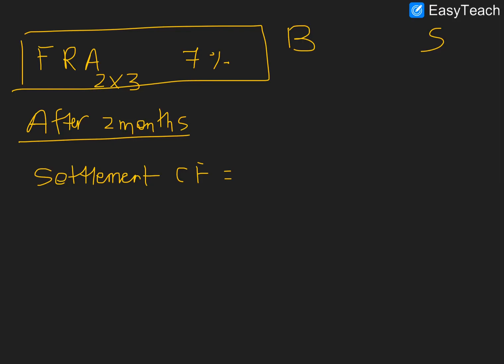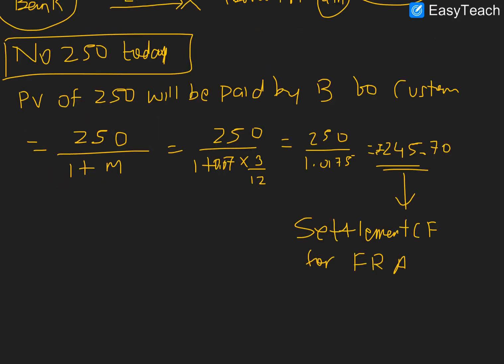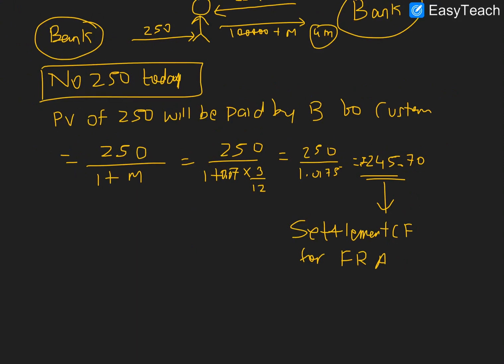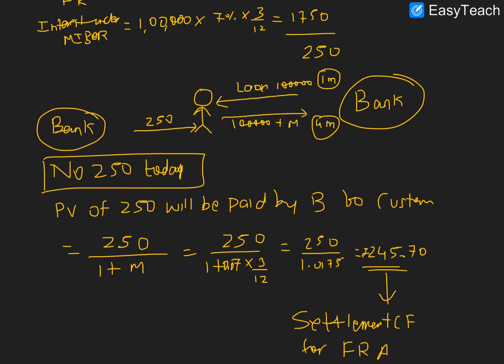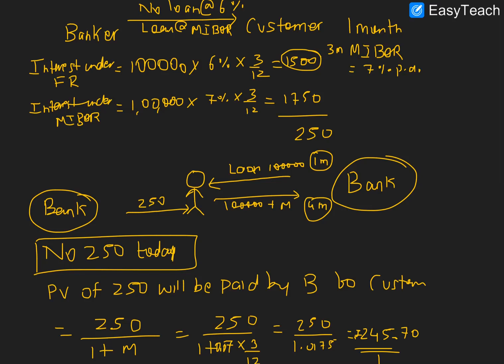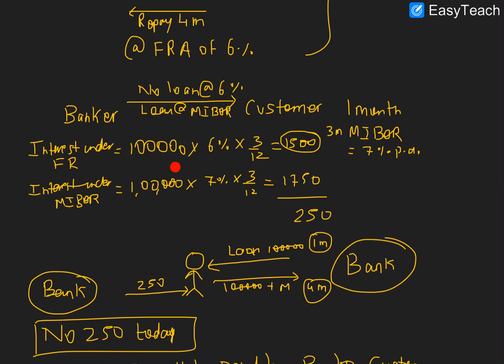So if I look at the previous example, this FRA agreement over here, when the banker and the customer had agreed for a loan to be given to the customer at 6%. So here that FRA was entered into, but we need to also understand who has bought the FRA and who has sold the FRA.